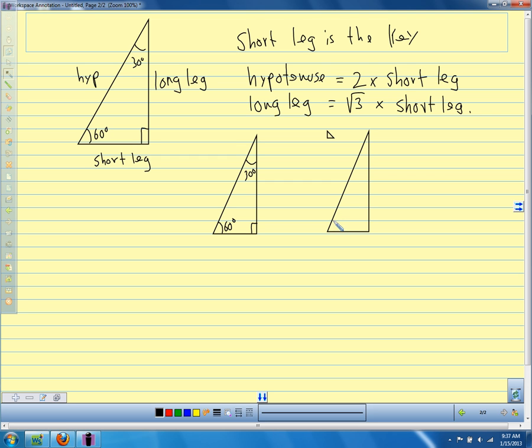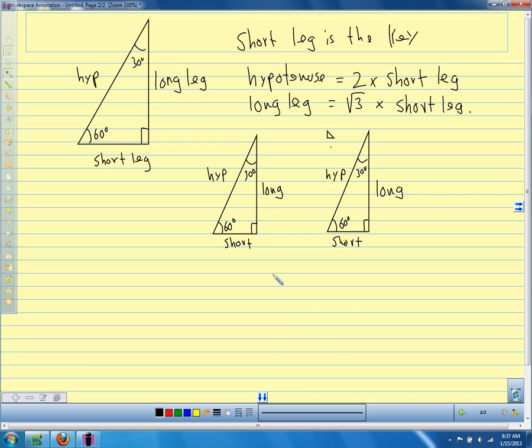You can open up inside, or you can write it on a separate sheet of paper. And I'm just labeling the sides of these triangles. Short, long, and hypotenuse.